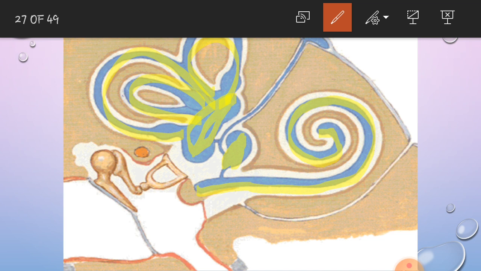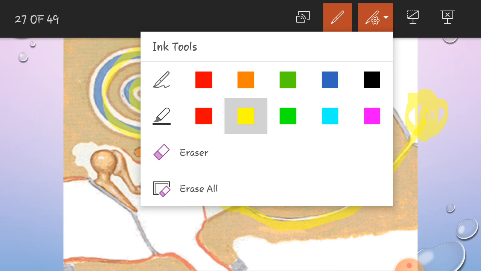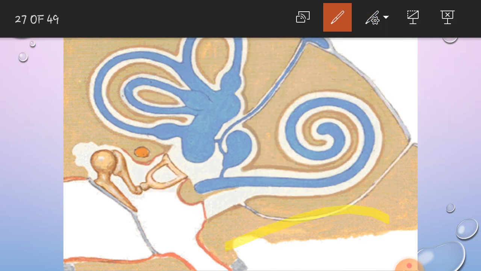This is the vestibular aqueduct, and the duct present within it is the endolymphatic duct. This is the cochlear aqueduct, which is communicating the subarachnoid space with the cochlea.